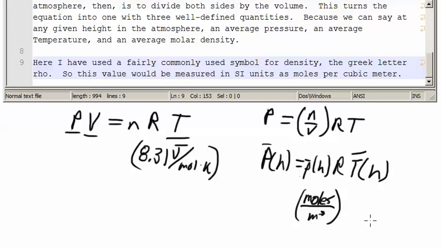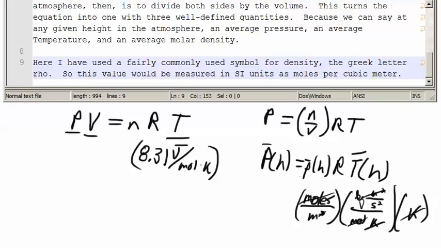R is in joules per mole Kelvin, which is kilogram meters squared per second squared over mole Kelvin. So you can cancel out two of those meters, you can cancel out that mole, and the temperature is measured in Kelvin, so you can cancel out Kelvin.